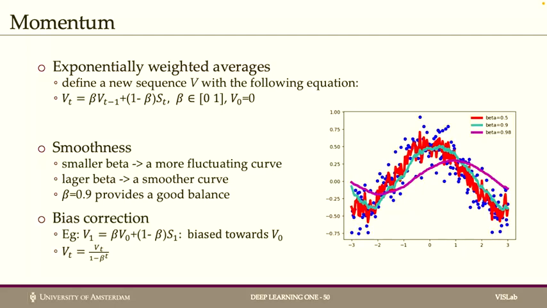And actually, this point about V0 being 0 is, of course, a bit bad, because imagine if this time series was starting at 100 instead, having the first estimate be 0 is not very good. And you can actually do the mathematics, and you just simply take whatever you had and divide it by 1 minus beta to the power of t, where t is your number of time steps, and then you end up at the corrected estimates, which doesn't tend towards 0.